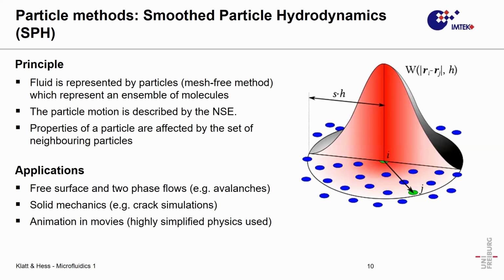And the last application for this SPH method is the animation of fluids in movies. And for that, usually not the Navier-Stokes equation is solved, but a simpler equation which has nothing to do with physics. But the result, if you use this SPH method, still looks like a fluid.